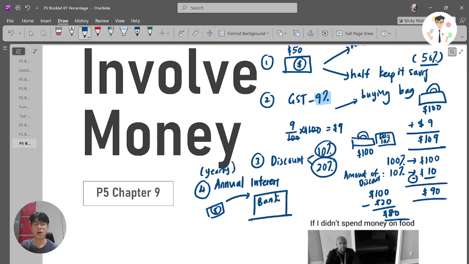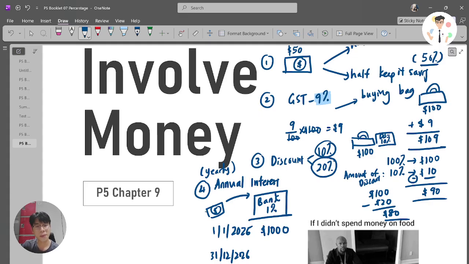And for example, I say, okay, since you're putting money inside this bank, I will offer you the annual interest, for example, 1%. It means that if you put money on 1st January, for example 2026, you put for example 1,000 inside, then at the end of 2026, I'll give you an extra 1%.